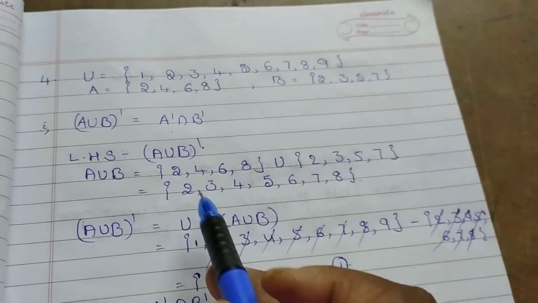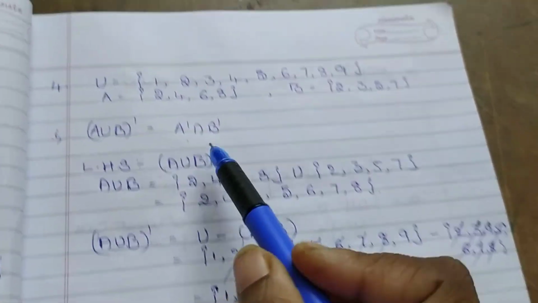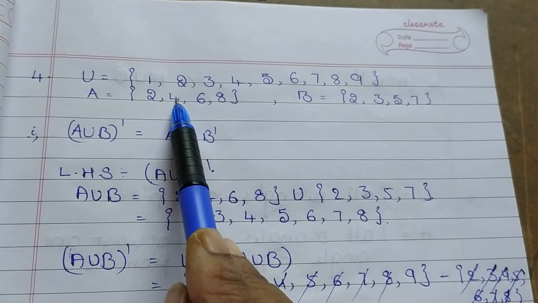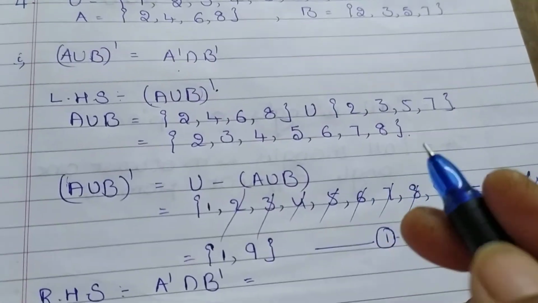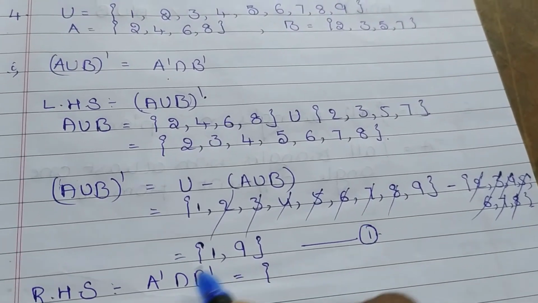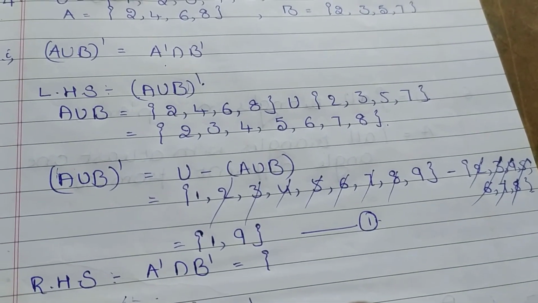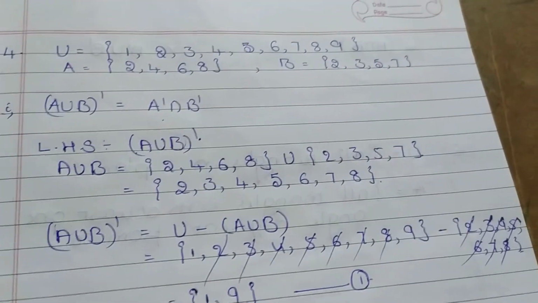See here directly. For this, first you find A complement. A complement means the universal set minus A. But if you want to do it stepwise, you will find A complement, then find B complement, and then find the intersection.